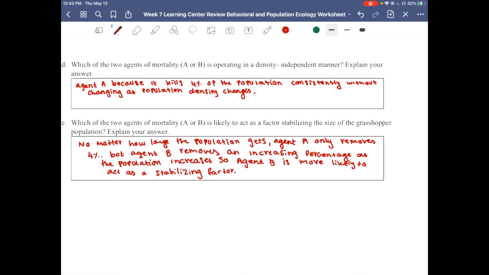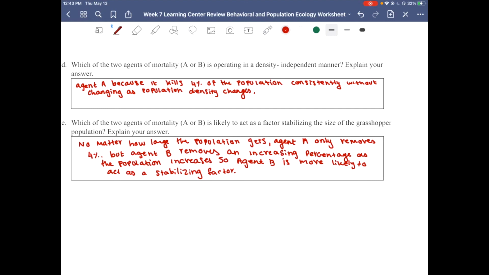And then it goes the other way. If a population is smaller, then B kills fewer. So it has a linear proportion to it, whereas A is just stable. It doesn't care whether it's big or small, whereas B adjusts to whether it's big or small.